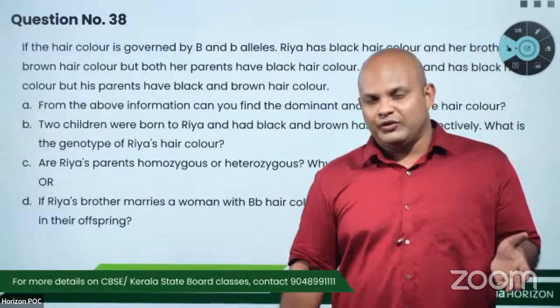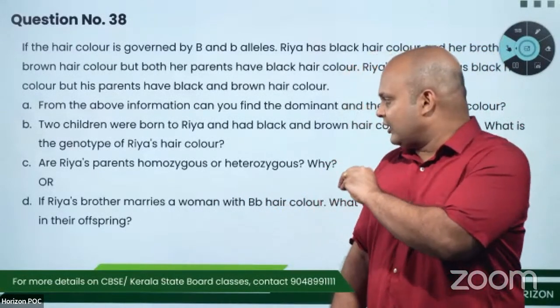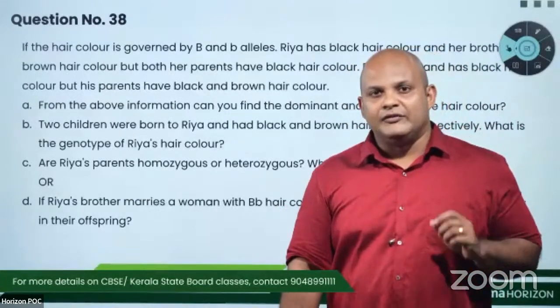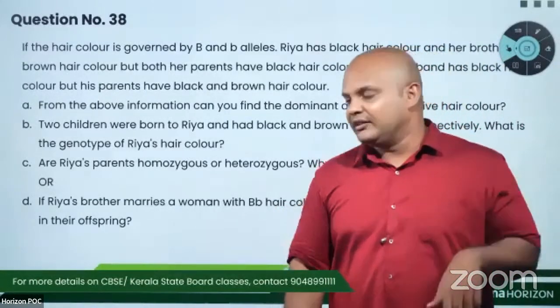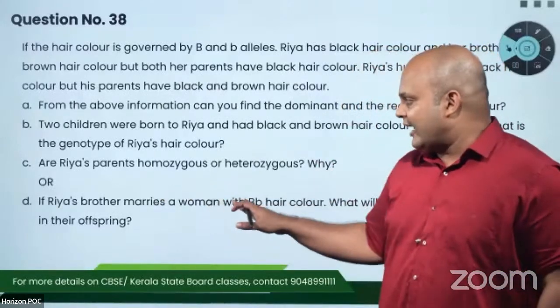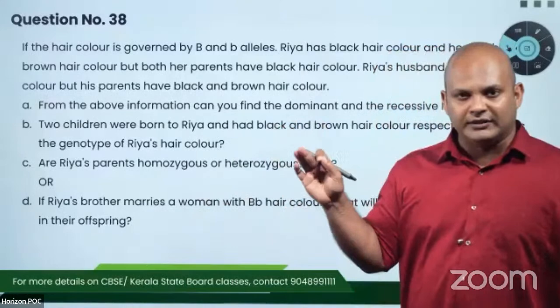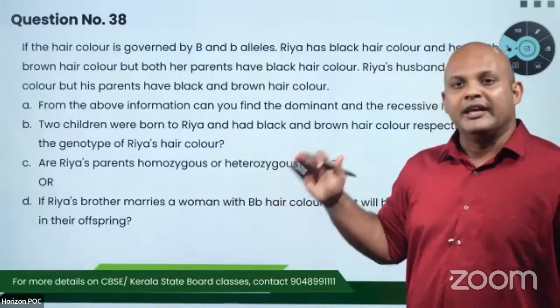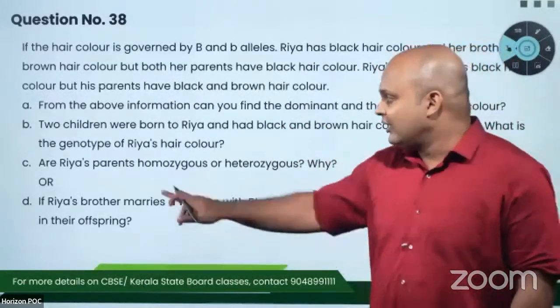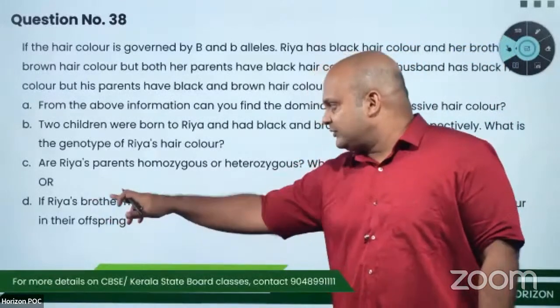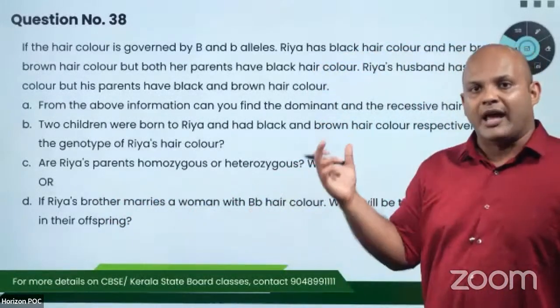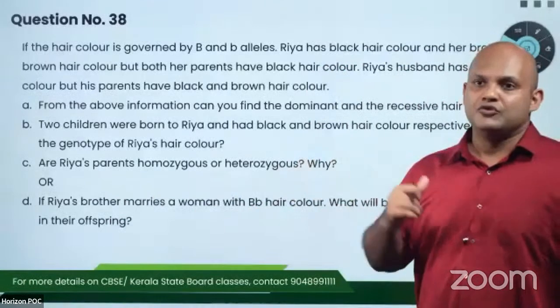So in one case, if the children inherit the capital B allele from their mother, they will be black haired. On the other hand, if Ria's brother and the woman have a child who inherits small b from the father and small b from the mother, they can also have brown hair, which means in this particular case, Ria's brother and the woman can have black haired or brown haired children.